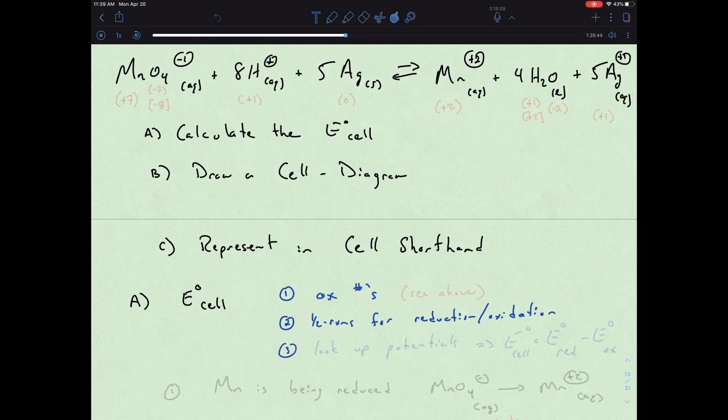And then 3, we look up potentials and we substitute them into our expression as far as our reduction minus our oxidation. So those are the 3 things that we need to do. So if we go to the very top, we can start to then assign oxidation numbers.